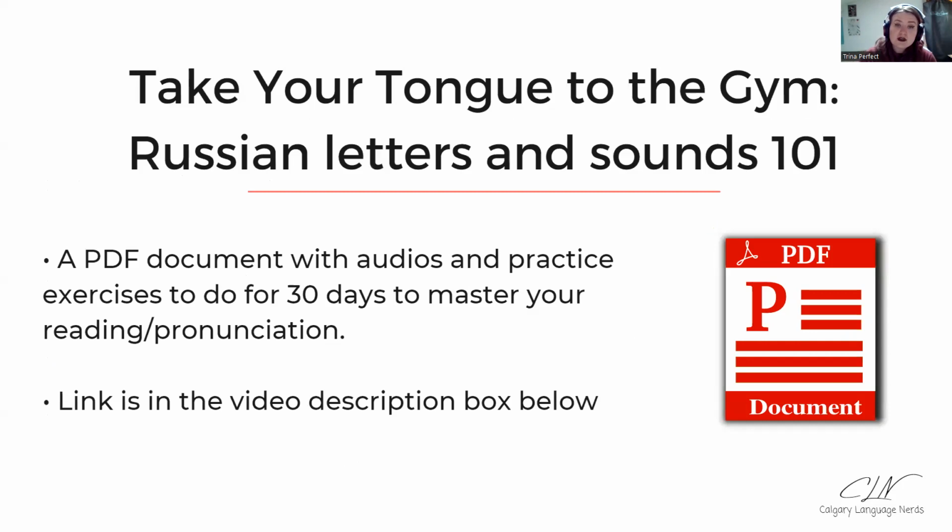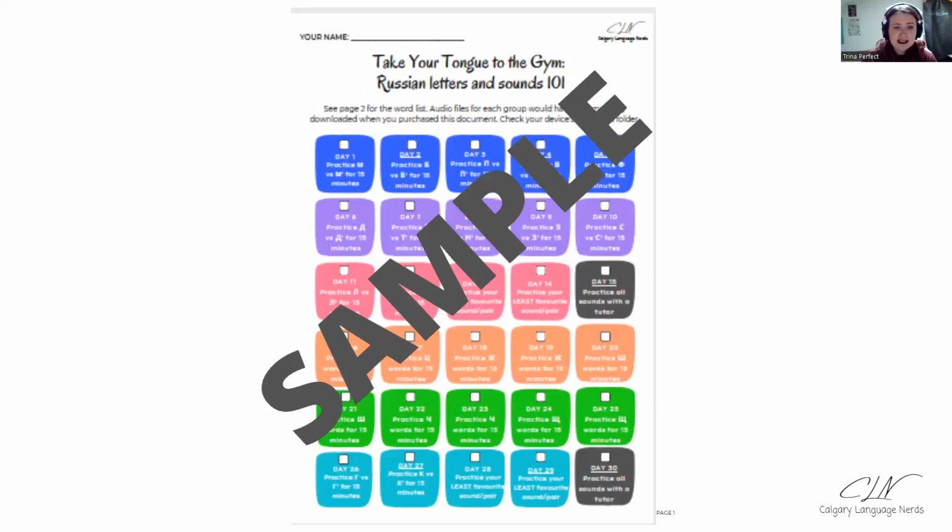Also, to support this material, there is a PDF document with audios and practice exercises for you to do for 30 days, to learn all the alphabet and all the possible syllables that contain a consonant and a vowel. It looks like this.